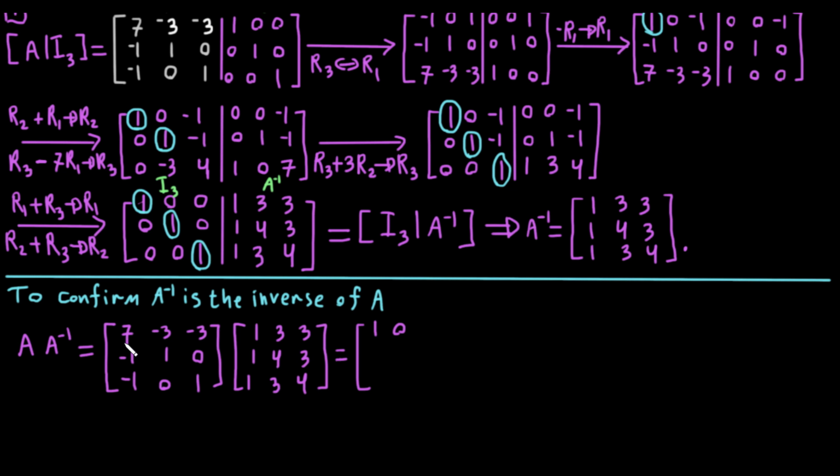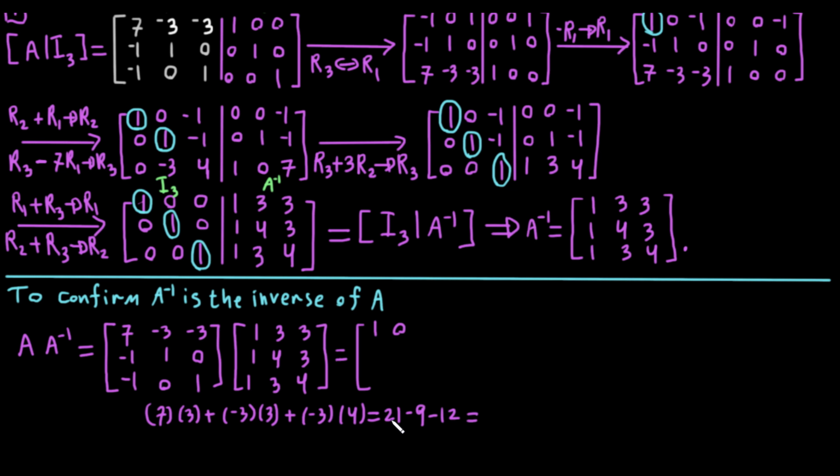To find the third element, we have to multiply this row by this column. I'll write it here. So 7 multiplied by 3 plus negative 3 multiplied by 3 plus negative 3 multiplied by 4 equal 7 multiplied by 3, which is 21, negative 3 multiplied by 3, which is negative 9, negative 3 multiplied by 4, which is negative 12.